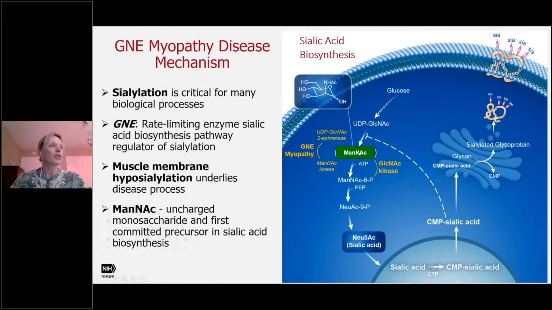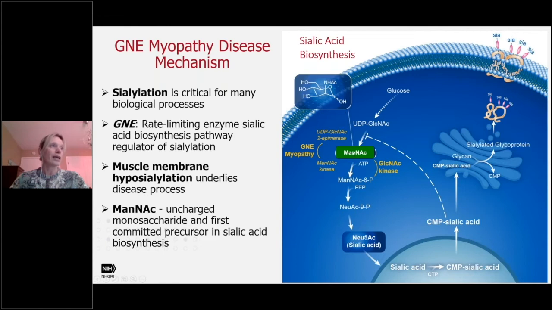So what we tried at NIH quite early on when the GNE gene was linked to GNE myopathy was to give patient cells, or later a mouse model, this uncharged monosaccharide called ManNAc. It stands for N-acetylmannosamine. ManNAc is a sugar that crosses membranes easily, and it occurs right in the cytoplasm, and that is where GNE is.